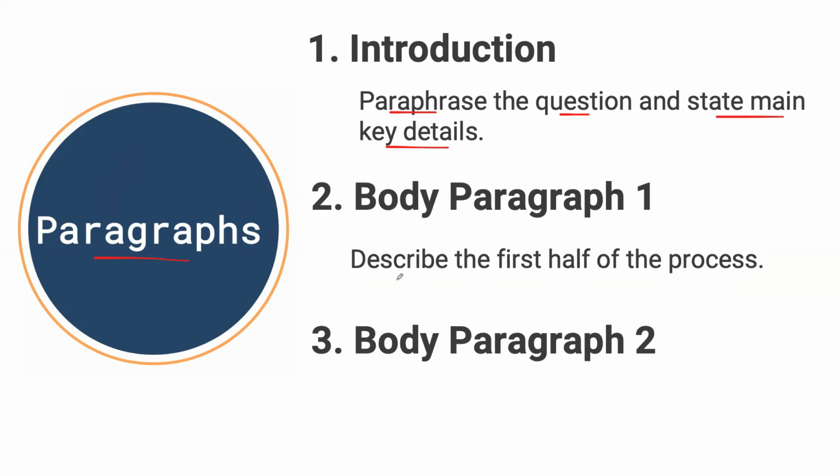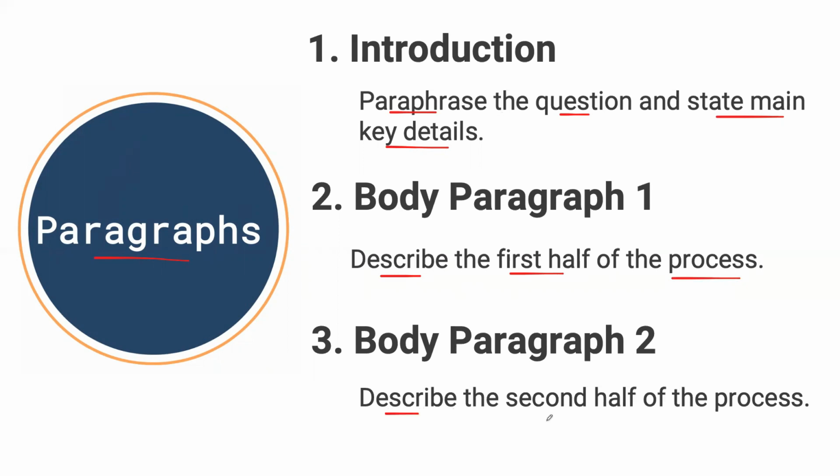In this case, we're going to describe the first half of the process, and then body paragraph 2, where we're going to describe the second half of the process, and that is it. This will make sure that we are including all of the relevant details without adding anything else that is unnecessary, and it's going to be very concise, it's going to be logical, 3 simple paragraphs. So with all of this in mind, let's take a look at our first writing prompt for today. We'll analyze the details and then we'll put this to the test.